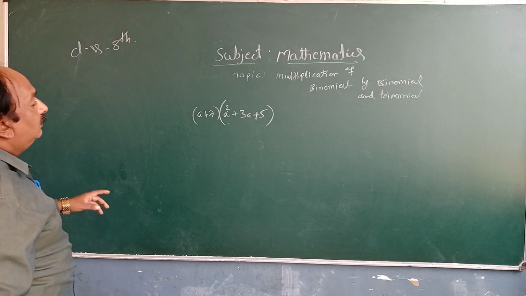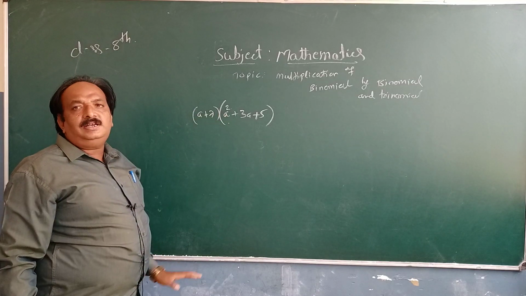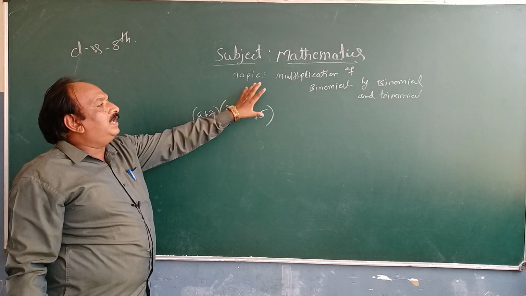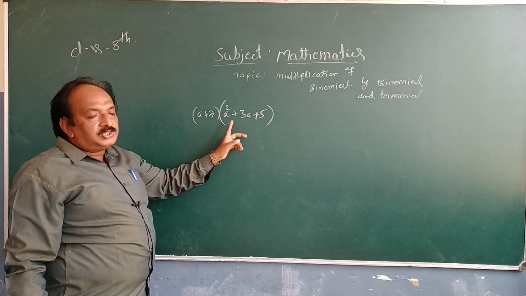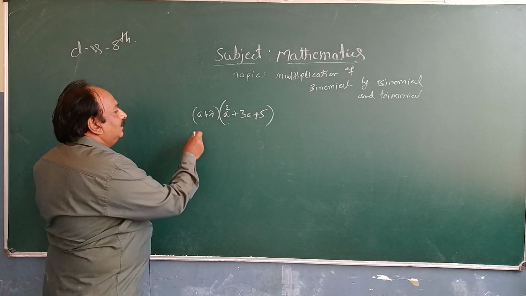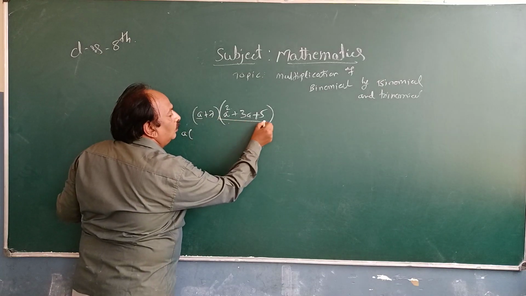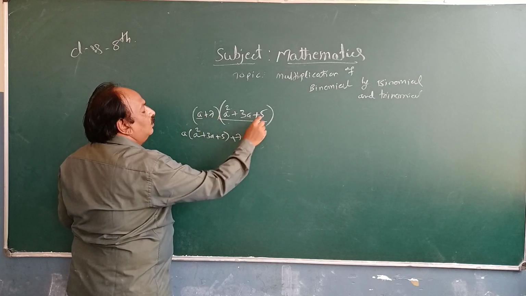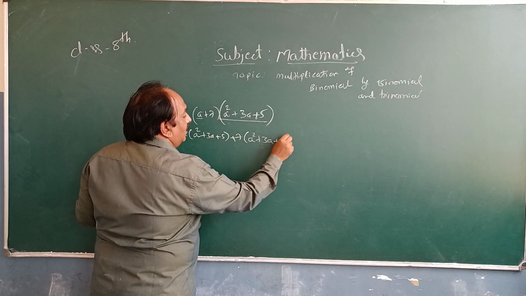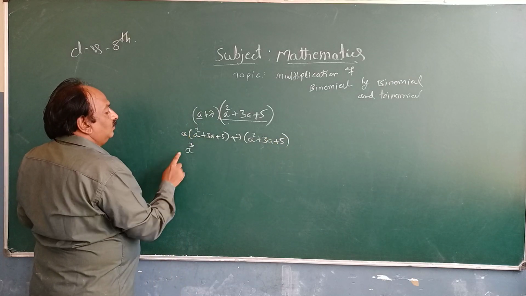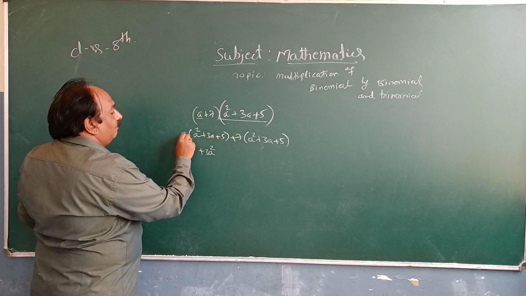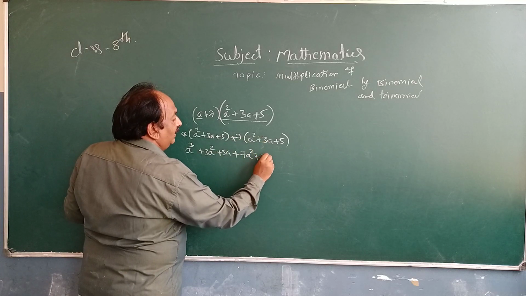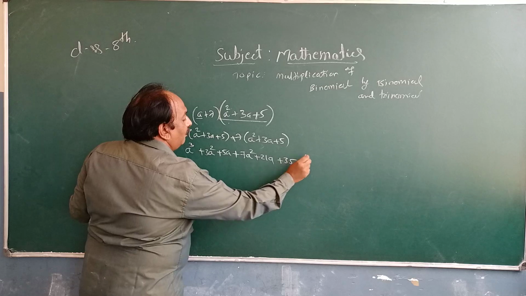This is another method, not in the last year's syllabus, but this year in the new 8th standard syllabus they are introducing this new concept: first term a into the whole trinomial a square plus 3a plus 5, plus 7 into the whole trinomial a square plus 3a plus 5. a square into a, a cube. 3a into a, 3a square. 5 into a, 5a. 7 into a square, 7a square. 7 3s are 21a, 7 5s are 35.